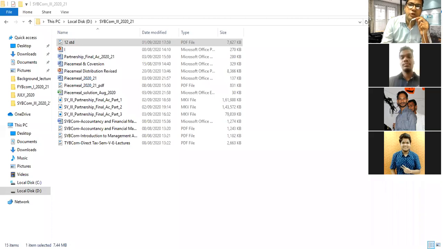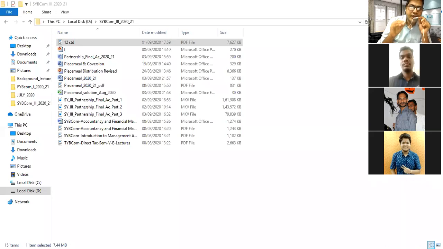Now, friends, in the last lectures we discussed the trading account. Today, we are discussing the profit and loss account and balance sheet. All these formats you should write in your notebook.